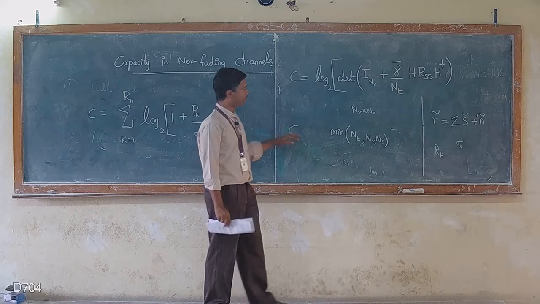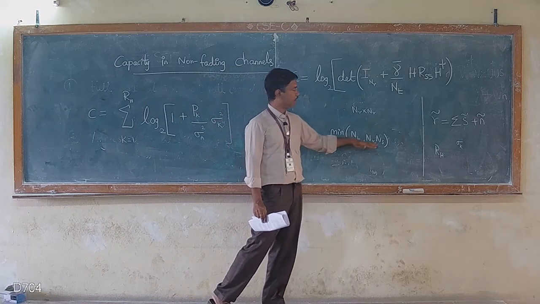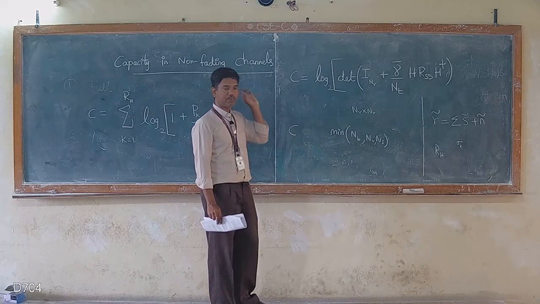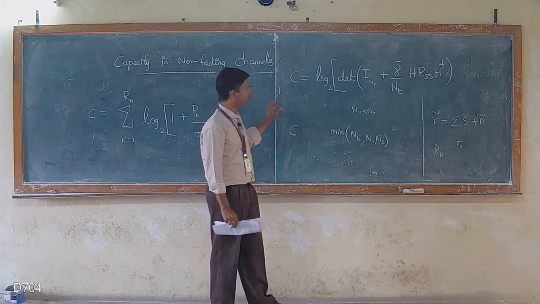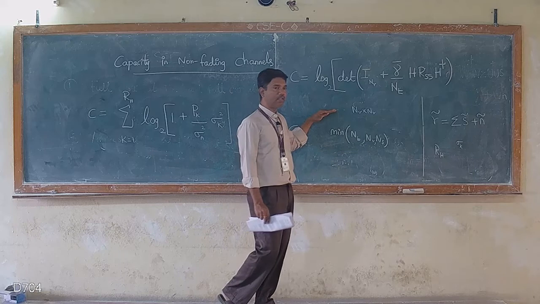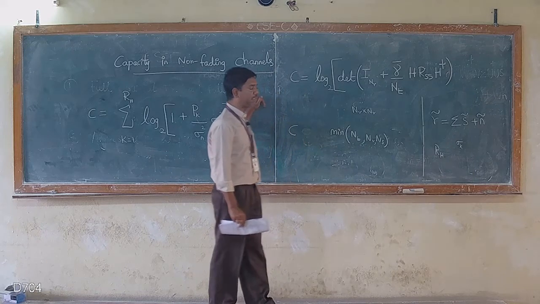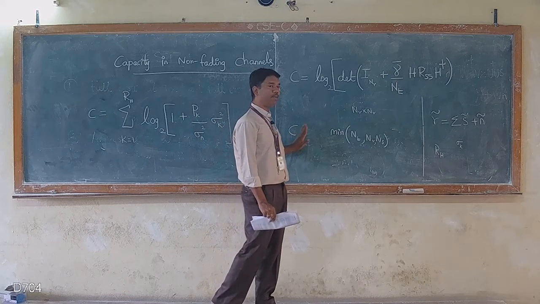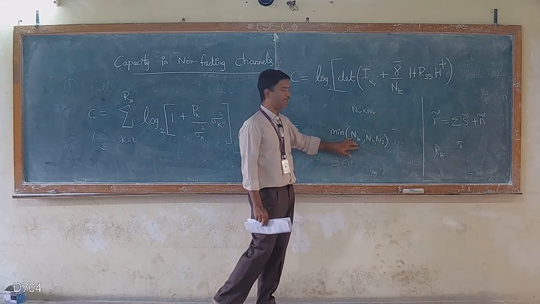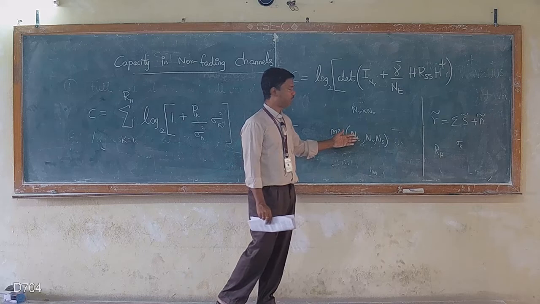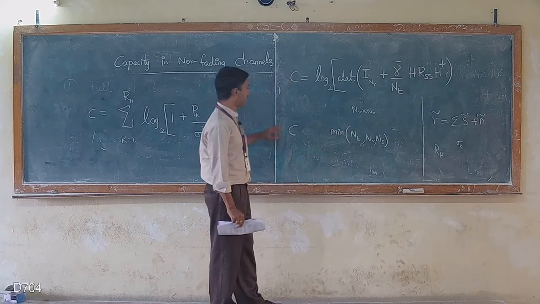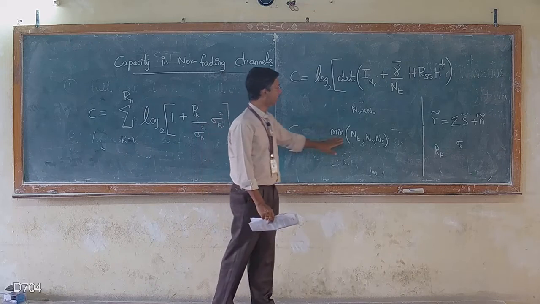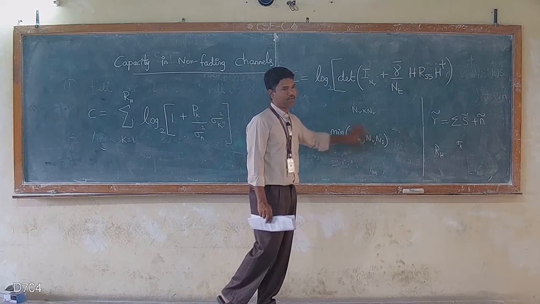The capacity is proportional to the minimum of NT and NR. Whereas in the previous case, it is single input, single output, so an increase in the power does not reflect in an increase in the capacity, whereas here the capacity can be improved by increasing the number of either transmit or receive antennas. So here capacity is linear with the increase in the number of transmit or receive antennas.